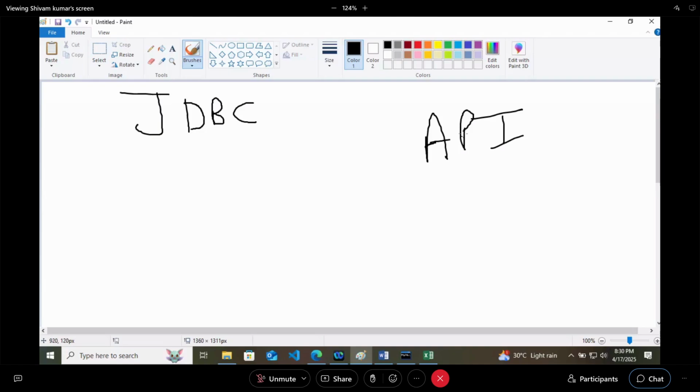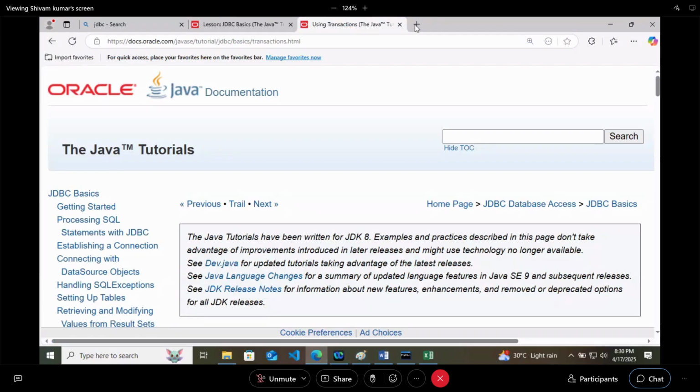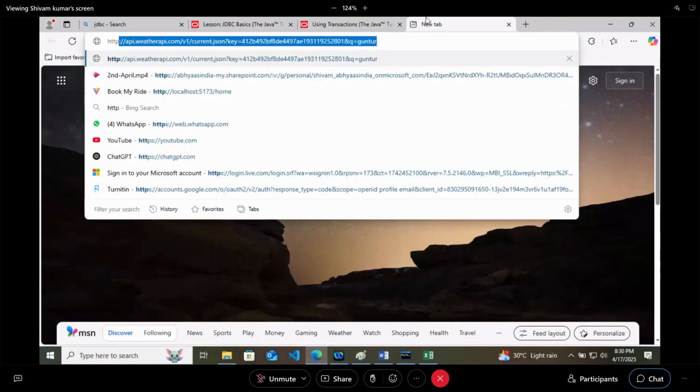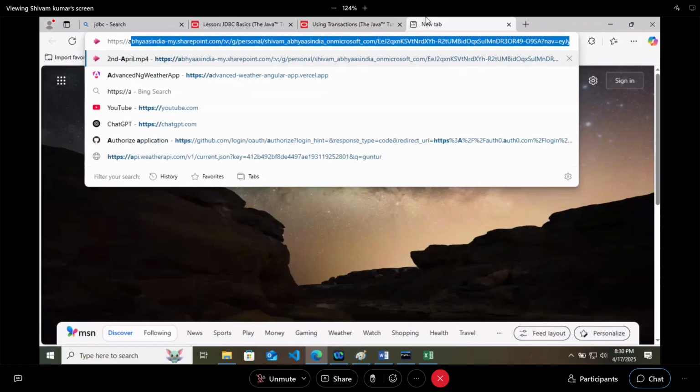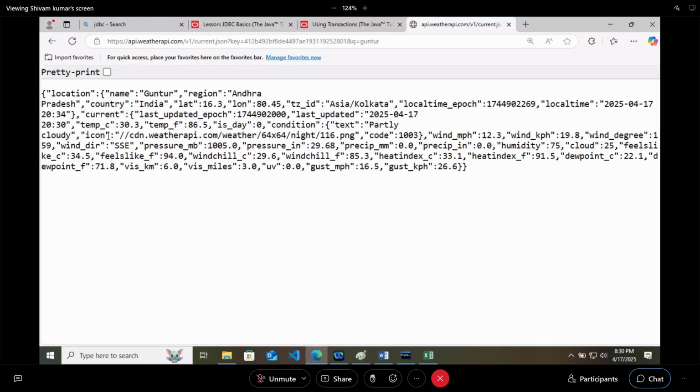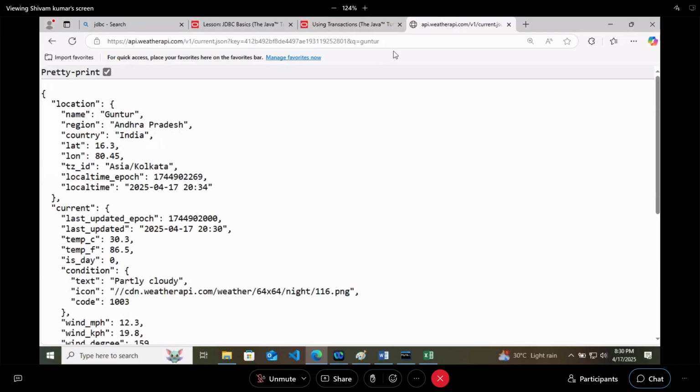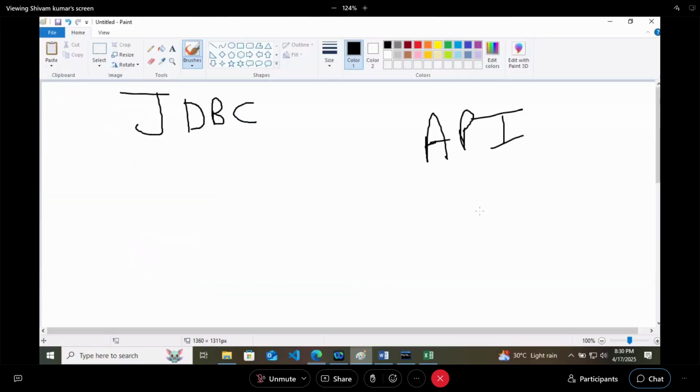How to work with APIs, how many types of APIs we are having, what are the ways of fetching them, what are the ways of using them, how you will convert this data into good looking data.